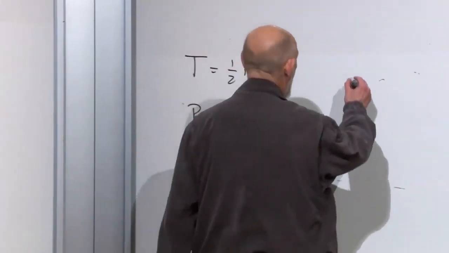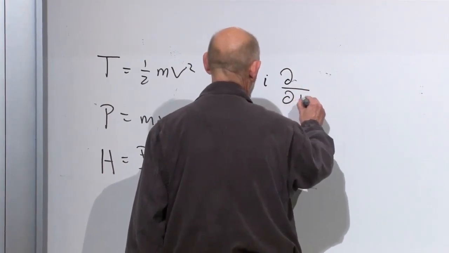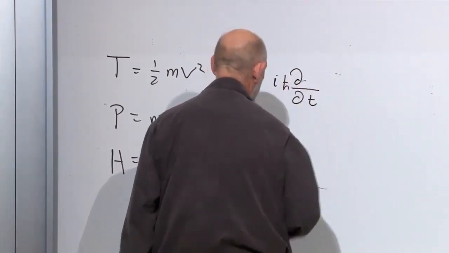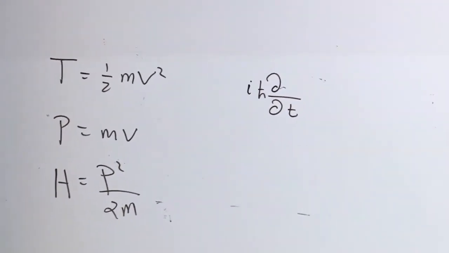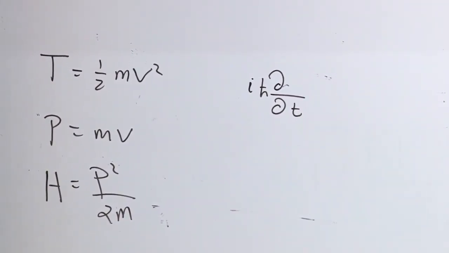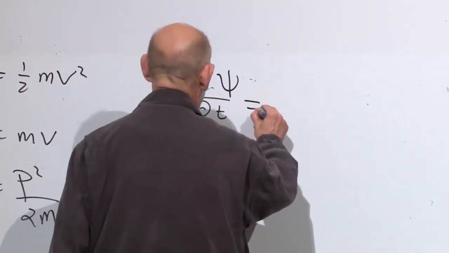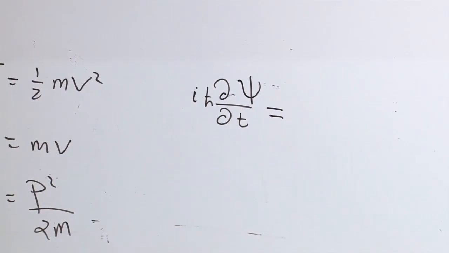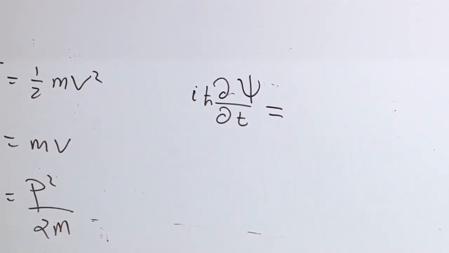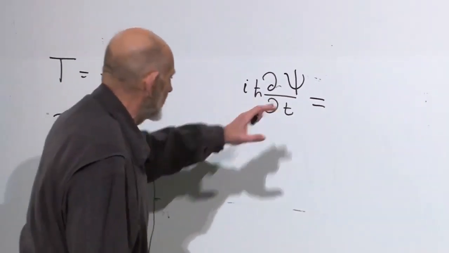H is also i d by dt. Now, let's put h bar in just as Schrodinger would have done it, on psi. That's the left-hand side, thought of as an operator operating on psi, that's i h bar d by dt.